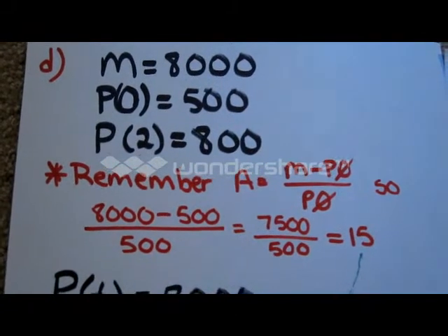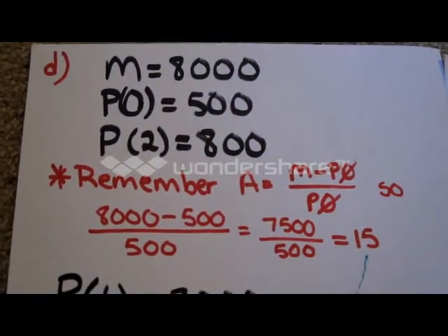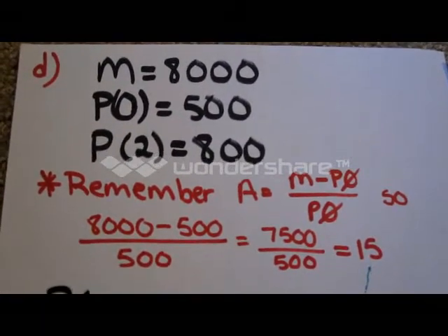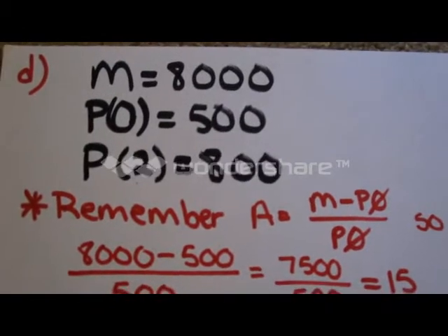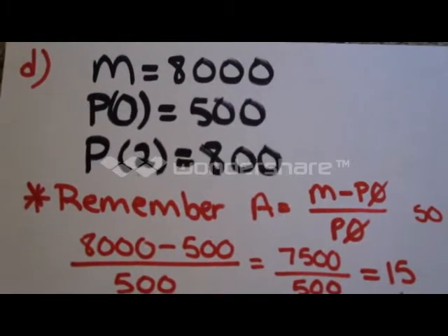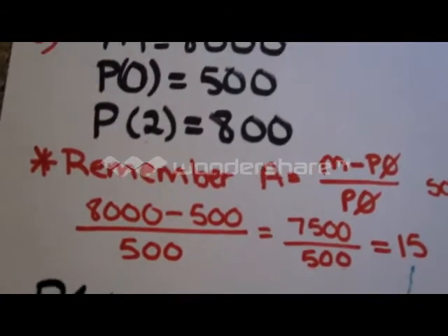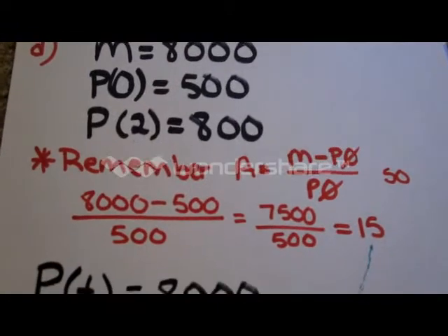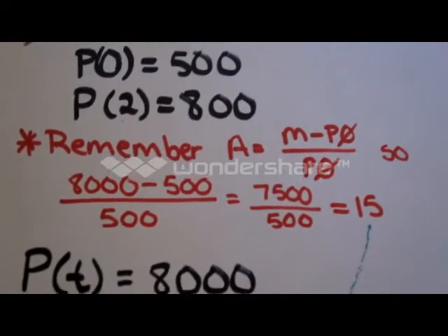Alright, for part D, it asks you to find the population after 8 months of the pandas. So you're given, at the very beginning, a carrying capacity of 8,000, and then you know that at time 0, or 0 months, it started off with 500 pandas, and after 2 months there were 800. So remember when they said c equals P0 over (M minus P0)? This is where we're going to use it.